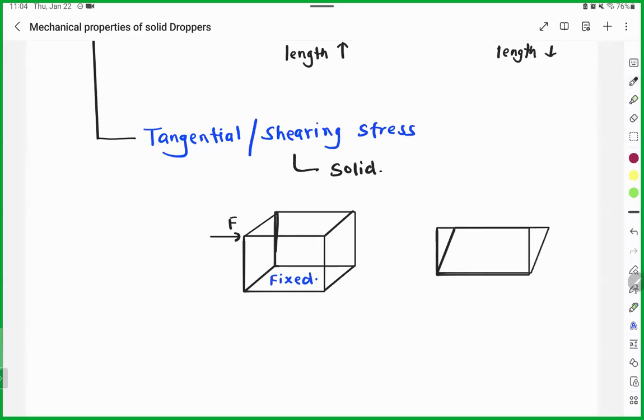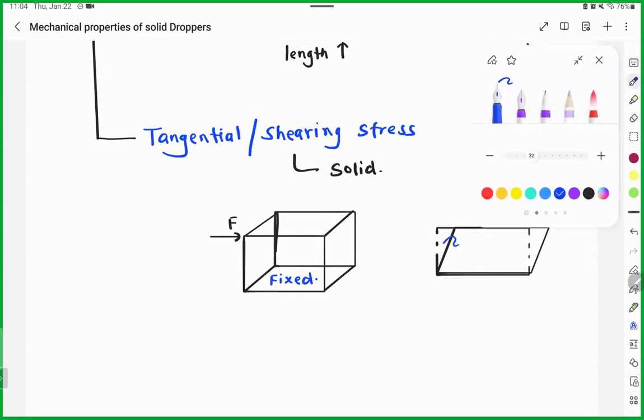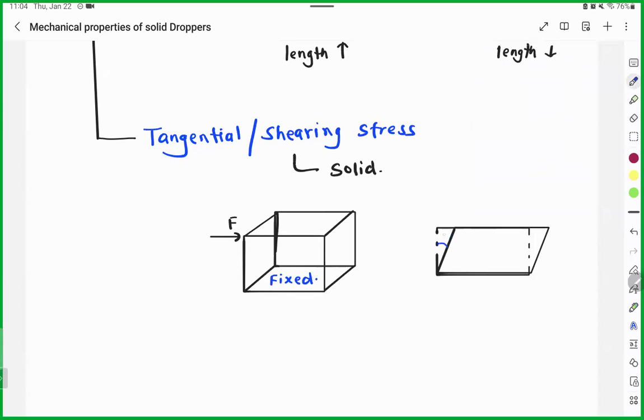It was supposed to be like this, but in reality it is like this. What is happening in this situation? Your angle is changing. Overall position is the same, but your angle is changing. This is tangential stress or shearing stress. Any doubt, guys? Understood? Got it?